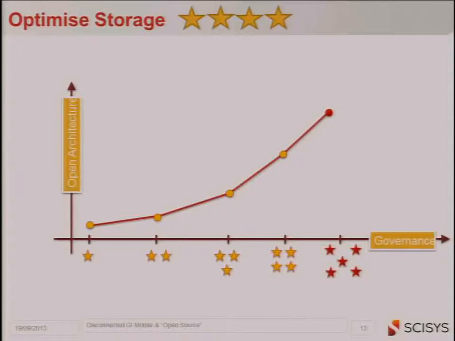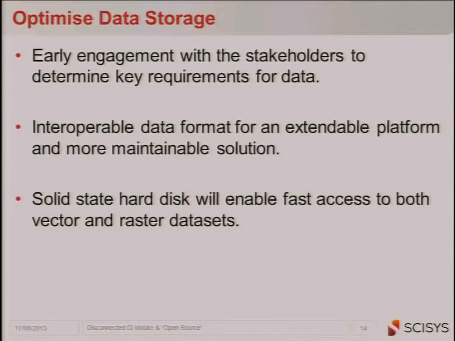Optimise storage. That has been one which caused us a lot of challenge. We had to be really mindful of the fact that we were in a disconnected environment. Our end users are not working in urban areas. They're actually working mostly in remote areas where there is very poor connectivity.